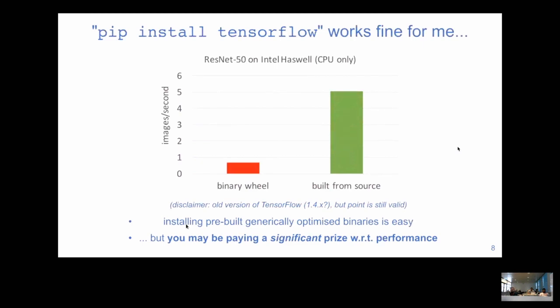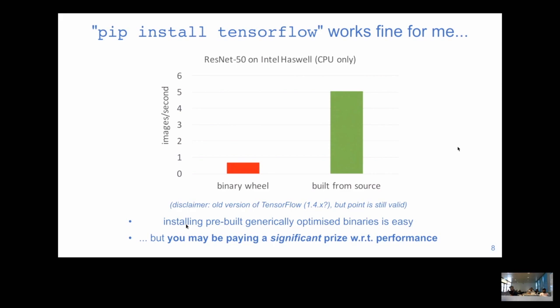Basically, the same story here. Installing TensorFlow is pretty easy. You can just do pip install TensorFlow, and you will get a working TensorFlow installation. And this is a benchmark I did quite a long time ago. It was TensorFlow 1.4, so this is maybe 1.5 or even 2 years ago. But the point is still pretty much the same. If you do pip install TensorFlow, you get the red bar, so you get less than 1 image per second on this Intel Haswell.